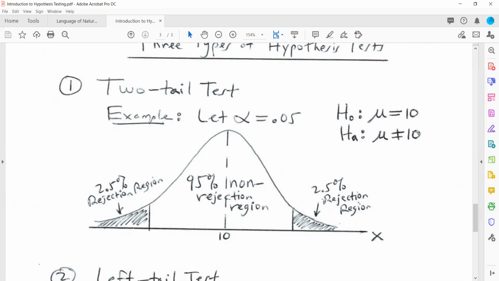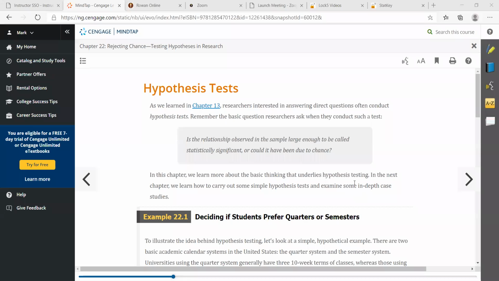So let's stop sharing this screen and let's go to the book. This is chapter 22. Chapter 22 is just giving an introduction to hypothesis tests. Chapter 23 also has a couple sections on hypothesis tests. I'll just briefly mention it to you when I finish this chapter.